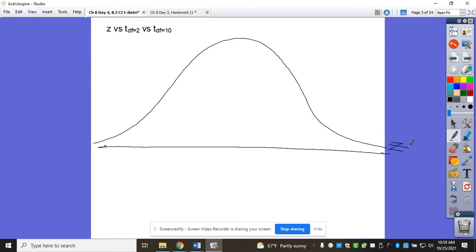Have we ever talked about z changing? Has our z curve changed? No. We've dealt with it for 3 chapters now, and we've never talked about z changing. Z is always the exact same. Mine doesn't look very symmetrical there, but a t actually changes. So a t changes depending on what your sample size is.